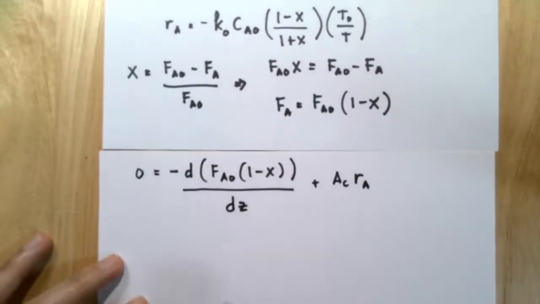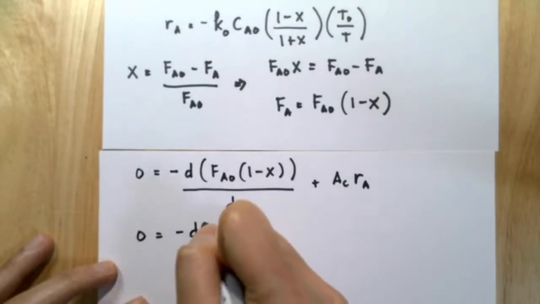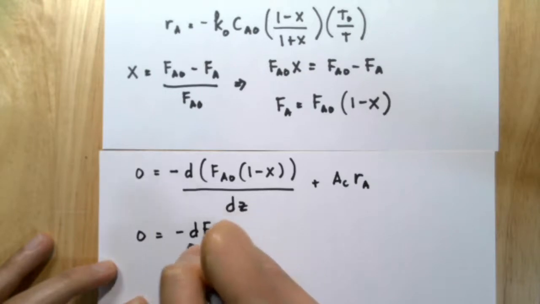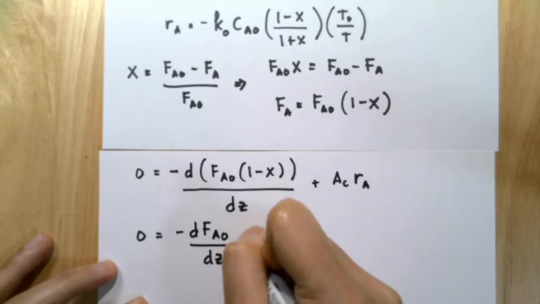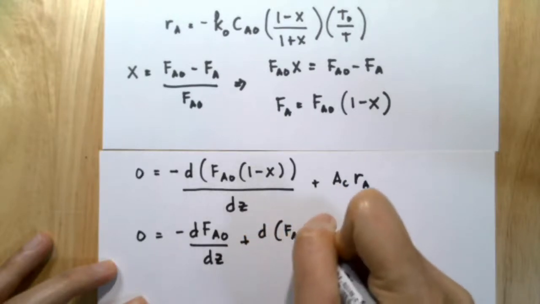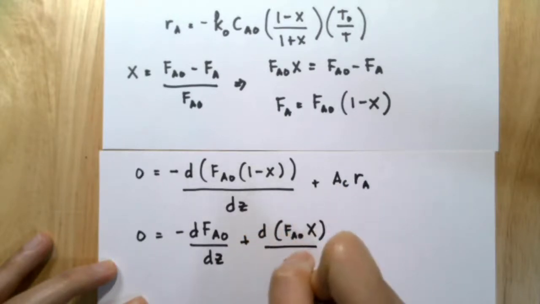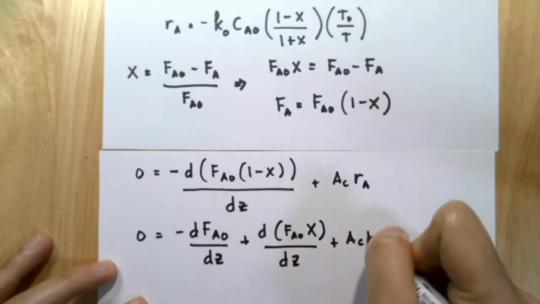And then evaluating the derivative, I'll have 0 equal to negative dFA0/dz plus the derivative of FA0 times X over dz plus AC RA.